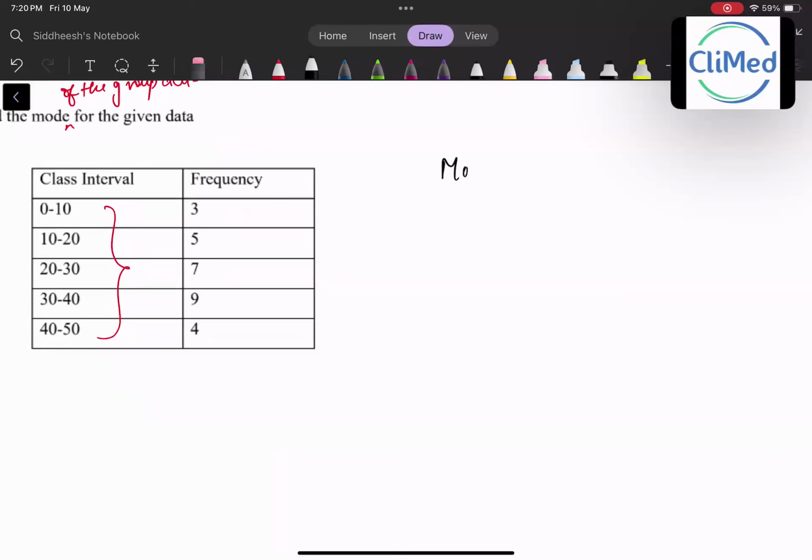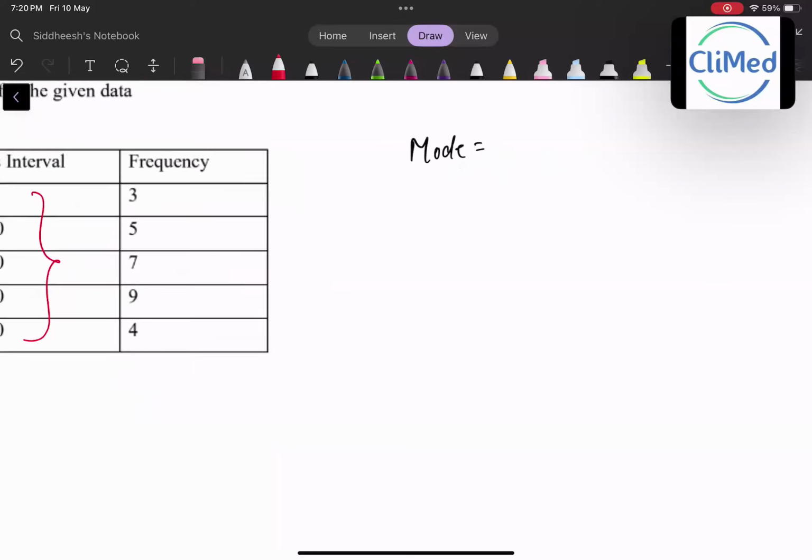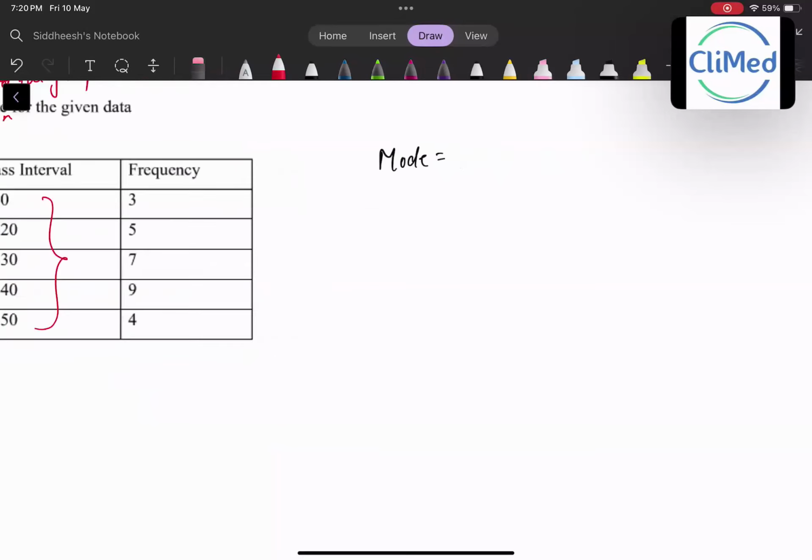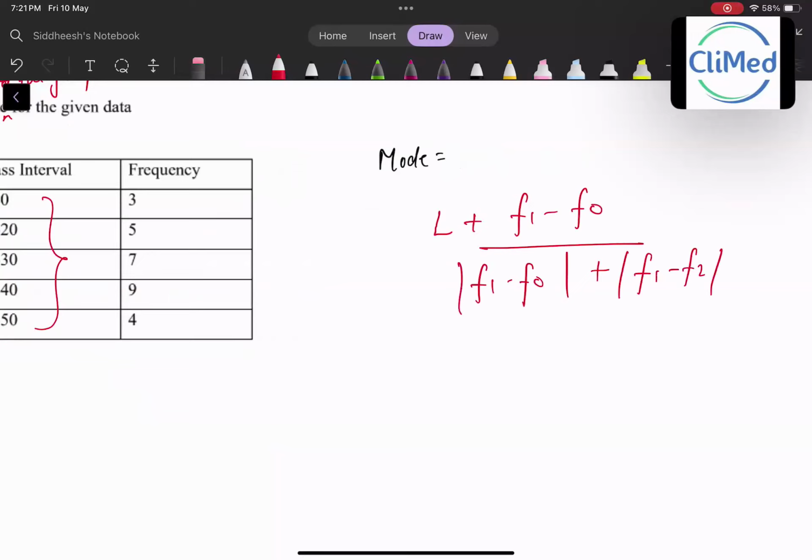So our formula is what? Mode is equal to L plus, F1 minus F0 upon F1 minus F0 plus F1 minus F2, bracket close, into H. Correct?